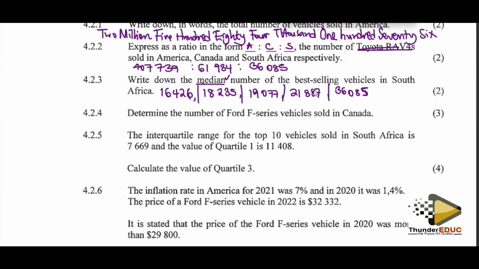What is the middle number? These are 5 numbers. So the middle number is, they said write down the median number. They didn't say write down the median type of. So the median is 19,077. The middle number is this one here.